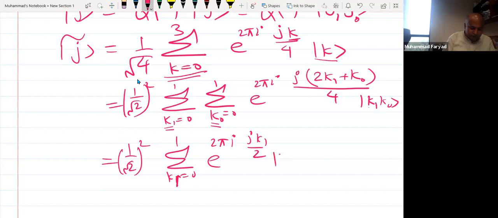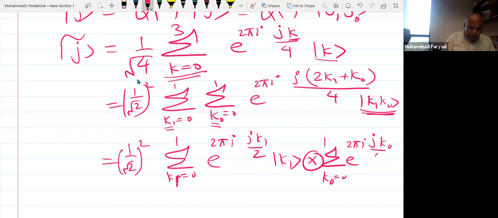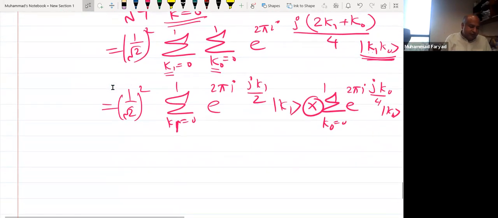This k1 can be separated, because this is nothing but a tensor product of the k1 and k0 states. Tensor, sum over k0 from 0 to 1, exponential 2 pi iota j k0 over 4, state k0. So this is how I am able to separate out the sums over k1 and k0.